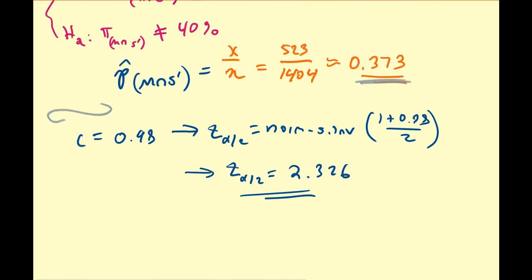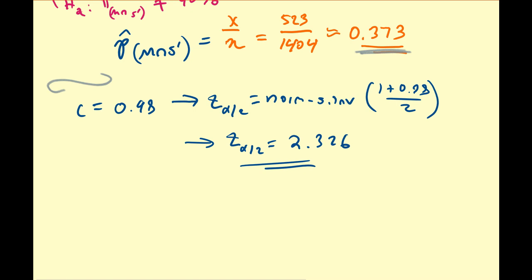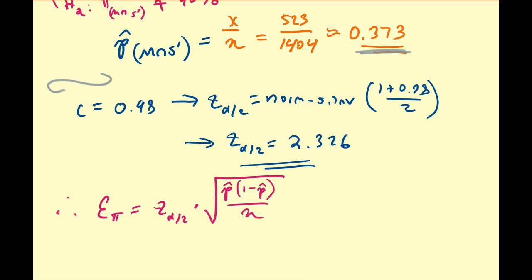Okay, so with that being said, then I can calculate my margin of error for my confidence interval. Recall that's going to be the critical value times the square root of the sample proportion of success times the sample proportion of non-successes divided by the total number of people sampled.